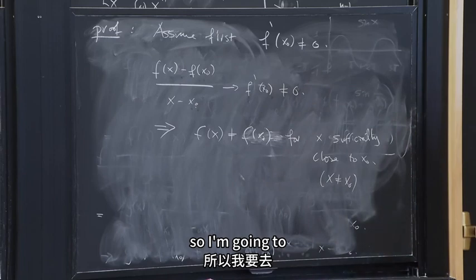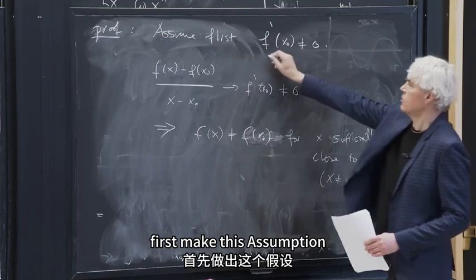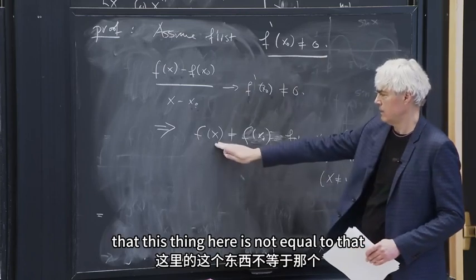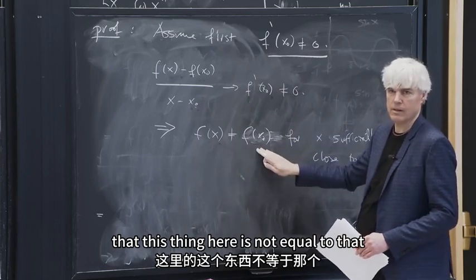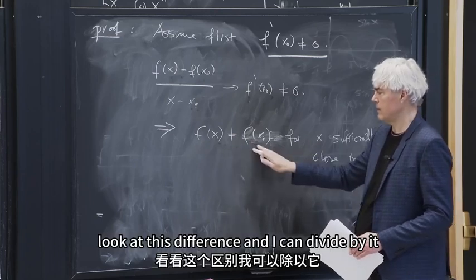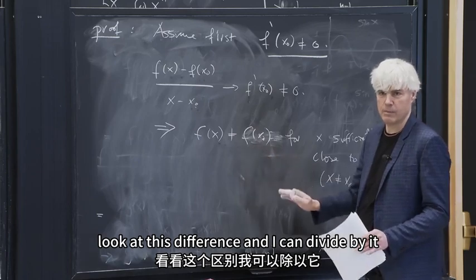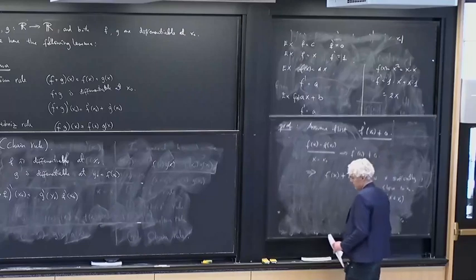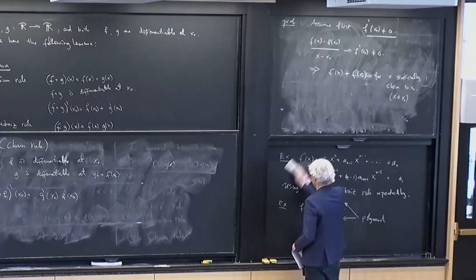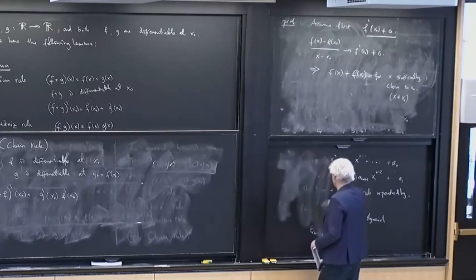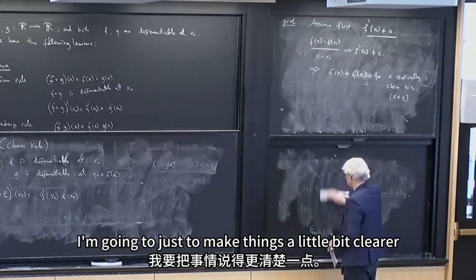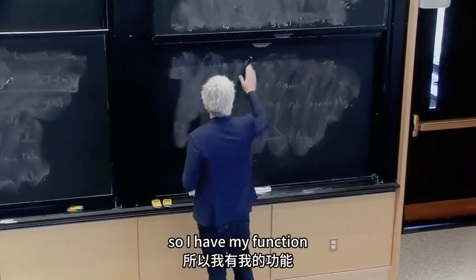So I'm going to first make this assumption. And if I make this assumption, what I get out of it is that this thing here is not equal to that. Why is this useful? Because now I can actually look at this difference and I can divide by it. Okay. So just to make things a little bit clearer, I have my function.